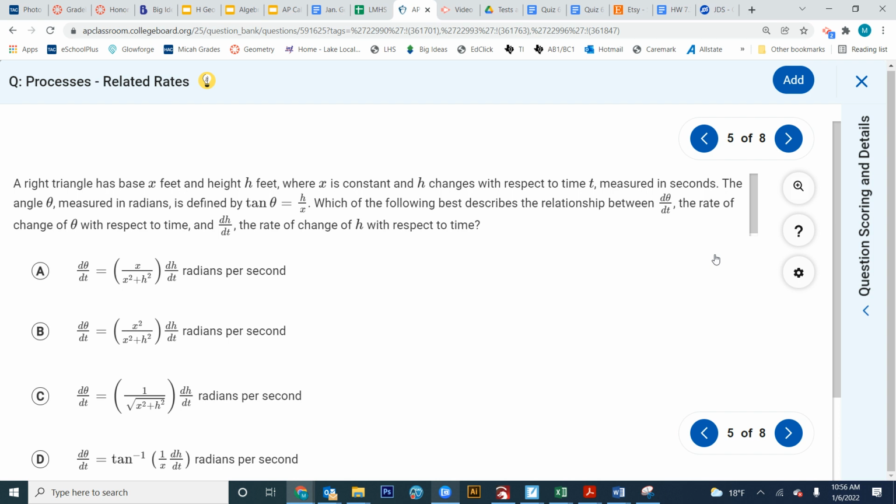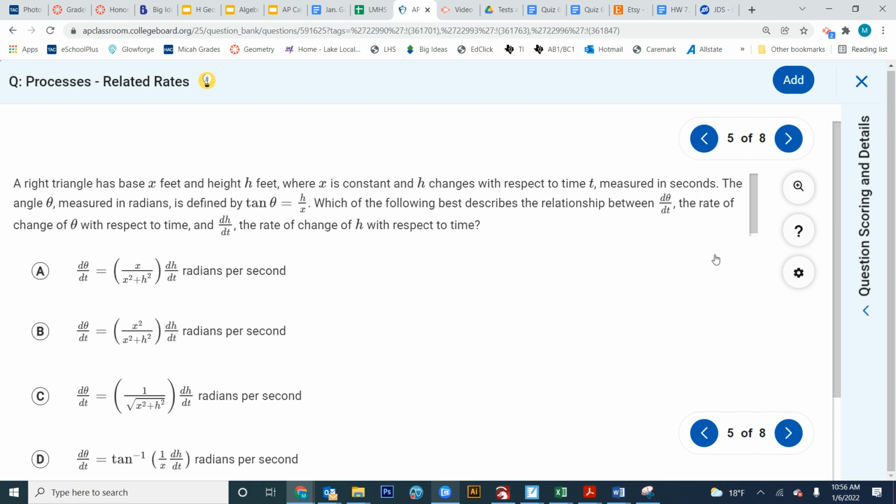This is one option. D theta dt equals, what's the derivative of this thing? 1 over 1 plus u squared times that, where x was constant. Yes?